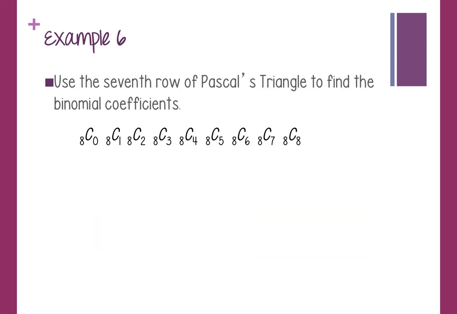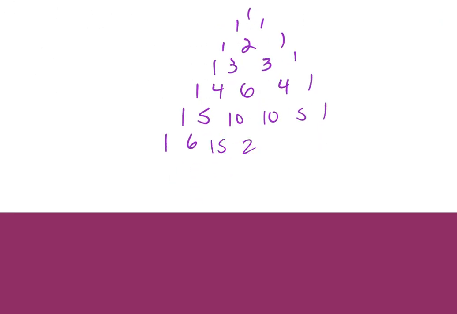So it's the 8th row, right? So 1, 1, 1, 1, 2, 1, 1, 3, 3, 1, 1, 4, 6, 4, 1, 1, 5, 10, 10, 5, 1, 1, 6, 15, 20, 15, 6, 1, 1, 7, 21, 35, 35, 21, 7, 1.